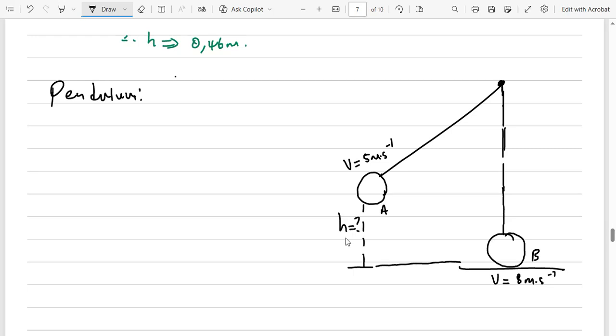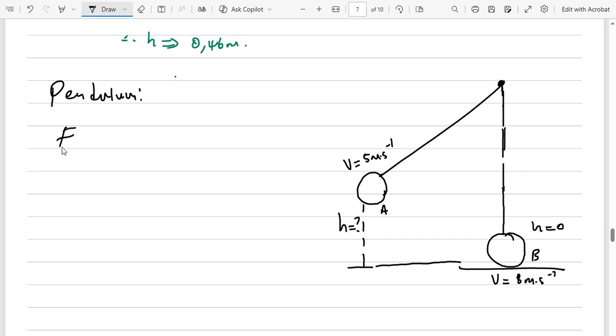So now at B, we know that the height is 0 again. Let's calculate the height of the ball. The pendulum swings from A at 5 meters per second to B on the ground, where its velocity is 8. Determine the height at A.